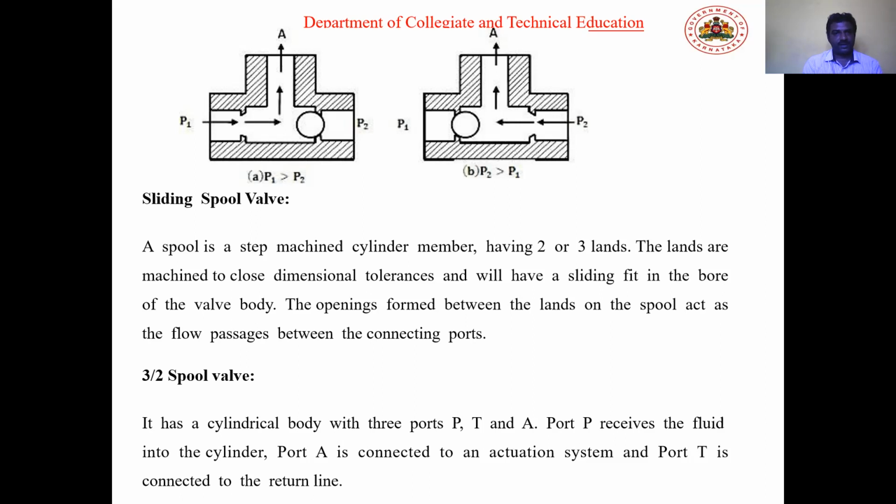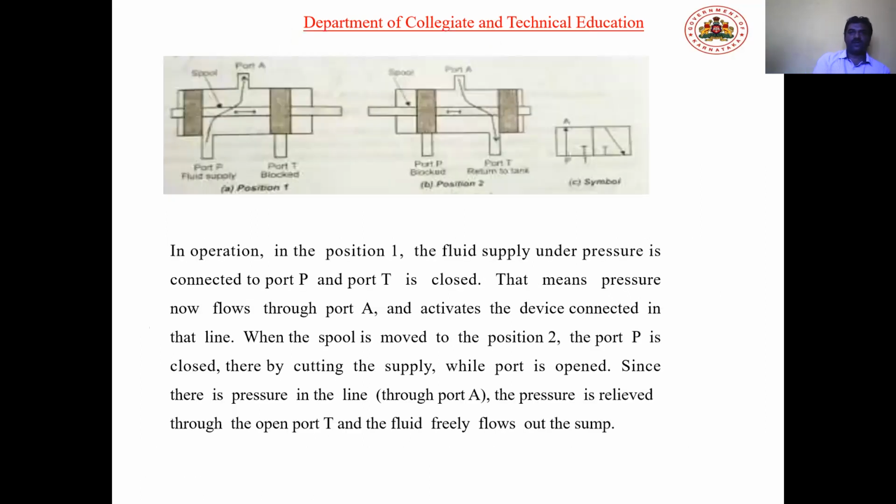Then next is the 3 by 2 sliding spool valve. This figure shows the sliding spool valve. It is called a 3 by 2 sliding spool valve. Here we have three ports, port P, A and T. We have a sliding spool which slides from left to right.